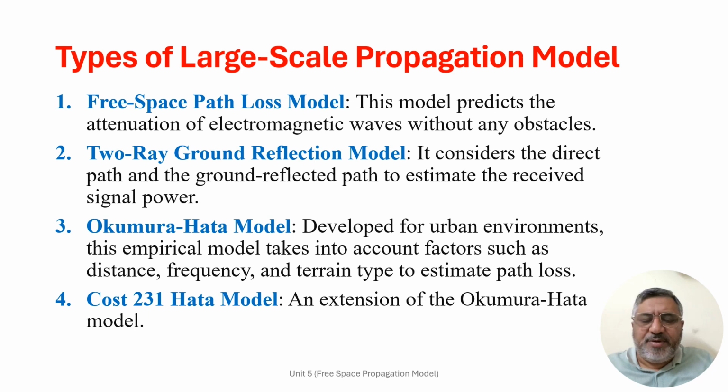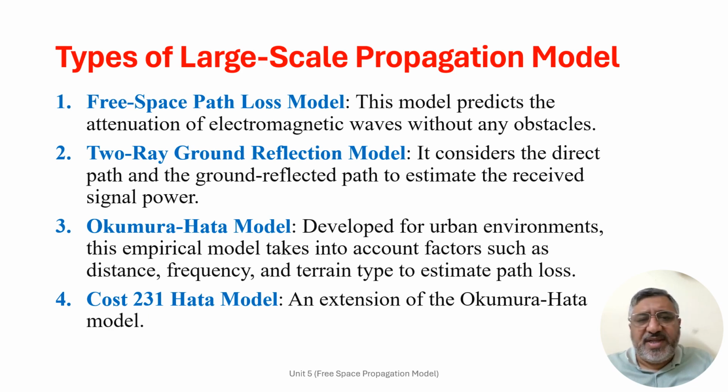Among large-scale propagation models, some common models are, first, the free-space path loss model. This model predicts the attenuation of electromagnetic waves as they propagate through free space without any obstacle. It is based on the inverse square law and is used to estimate the loss of signal strength with this law.